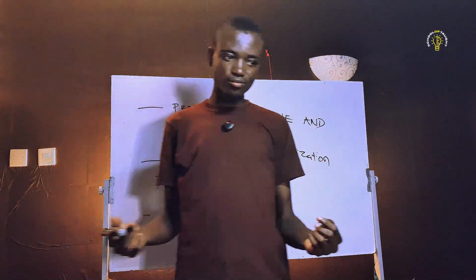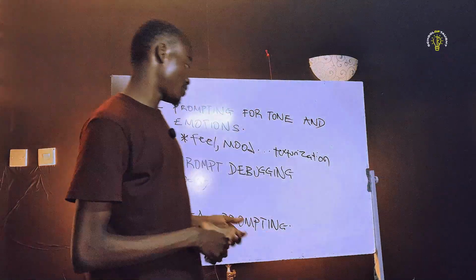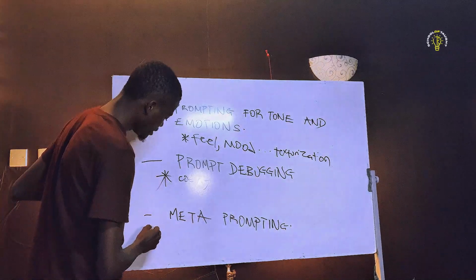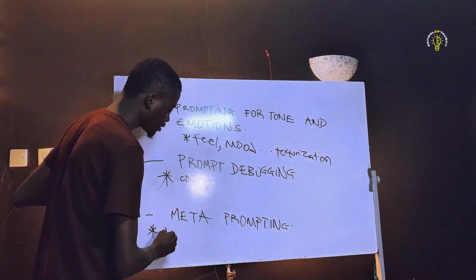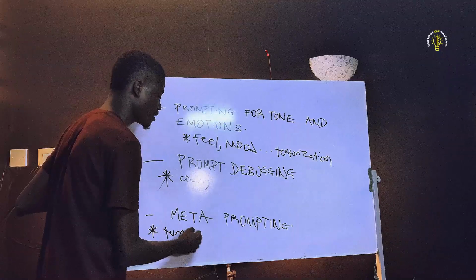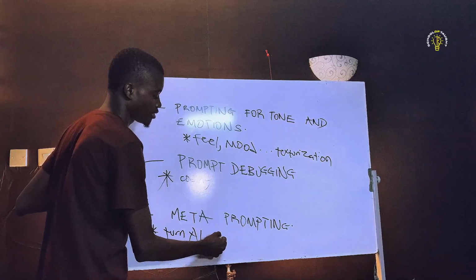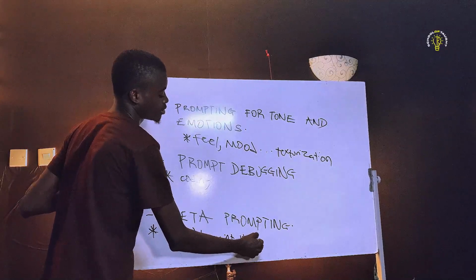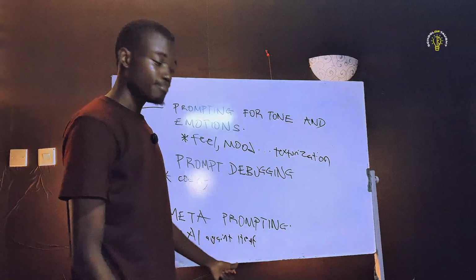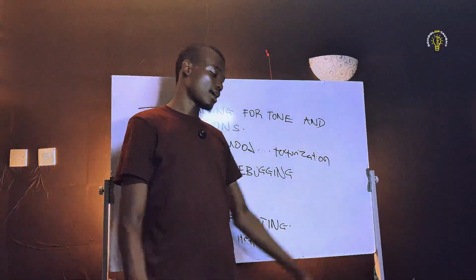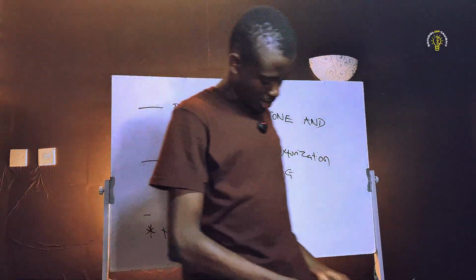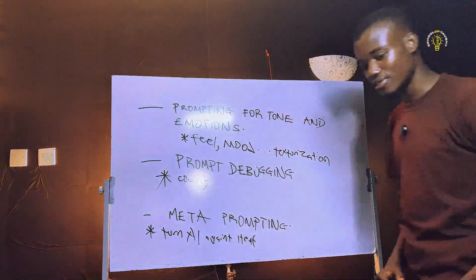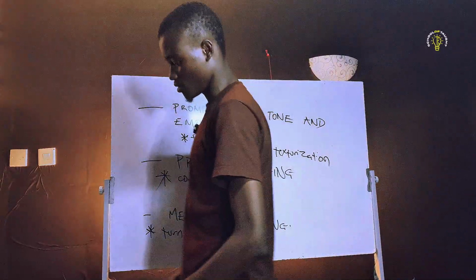You turn the AI against itself. Now, how do you do this? You tell it, if it gives you a result, are you going to take the first result? No, of course you are not going to take the result.